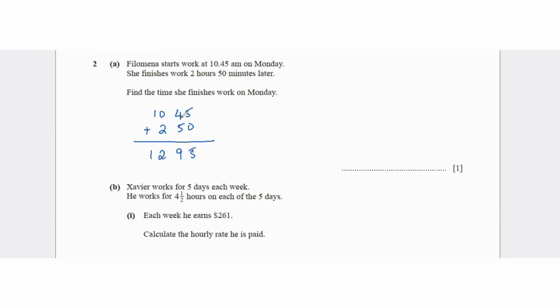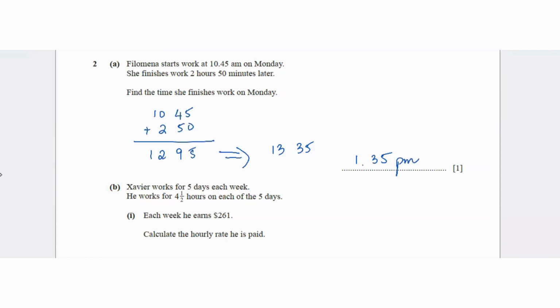So since the minutes cannot be greater than 60, we're going to take 60 minutes from 95 and transfer that to 12. So that makes it 13:35. Now, since after 12 p.m. the time is going to change, it's going to be 1:35 p.m.